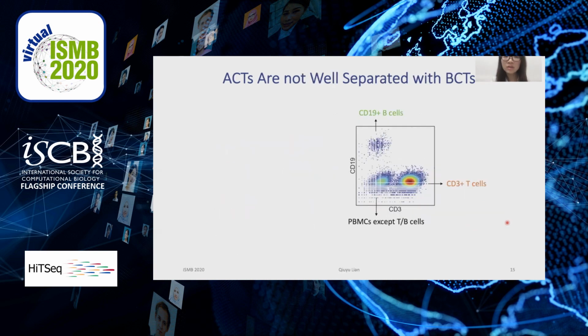Thirdly, artificial cell types are not well separated with biological cell types, BCTs. Still in this CD3 versus CD19 scatter plot, we have dodged this ACT cluster in the top right corner. In this condition, we could notice that the B cell type and T cell type are very well separated with each other.